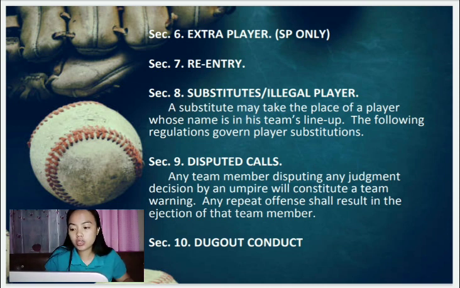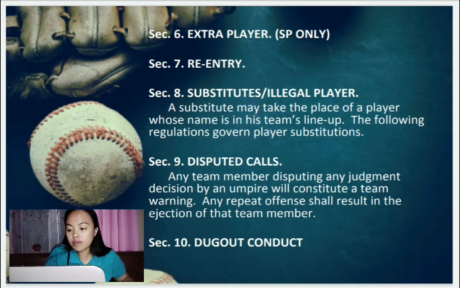Next section is the substitute or illegal player. The substitute may take the place of the player whose name is in his team's lineup. So the following regulations govern player substitution. First, the coach or the team representative of the team making a substitution shall immediately notify the plate umpire.